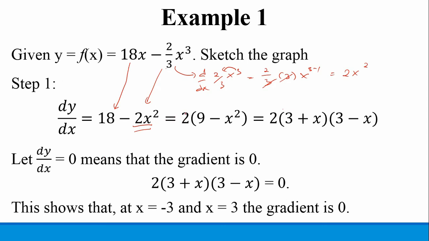Then I factorize it, making sure 2 is outside, which gives 2 times (9 minus x squared). Or you can use the calculator, because if you use the calculator, you will get directly x equals negative 3 and x equals 3. You can do it step by step, or use the calculator from this equation. In the first step, you get 2 points, which are the critical values, negative 3 and 3.